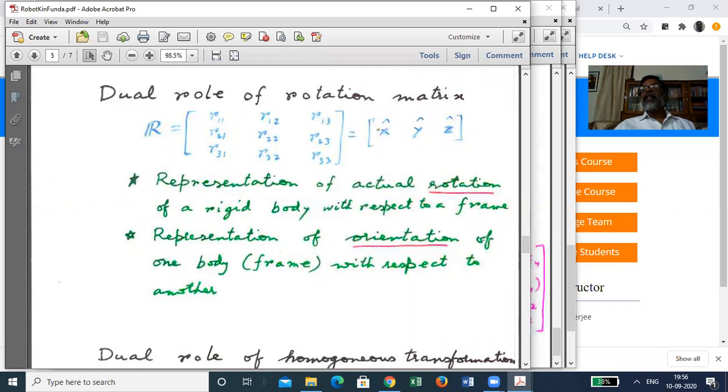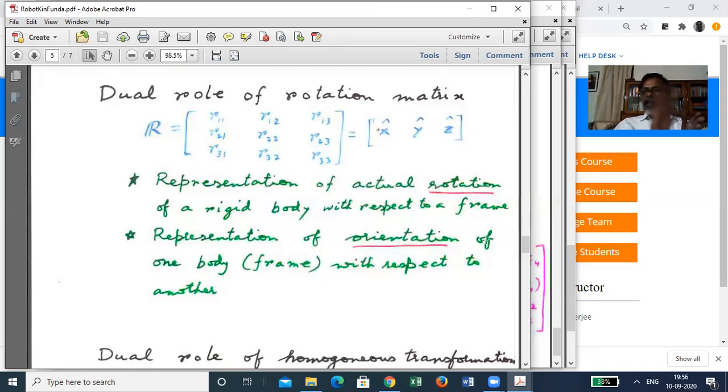So if you say that body B has this matrix as its orientation relative to body A, that means if body B had started from A's orientation and undergone the rotation represented by that matrix, then it would come to its present orientation. So a rotation matrix has a dual role to play.